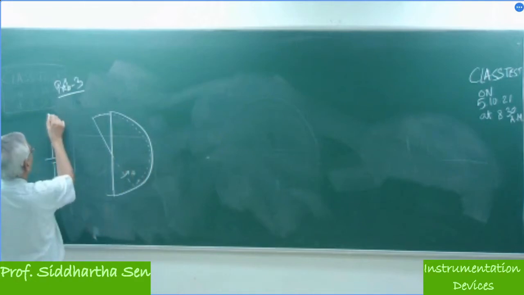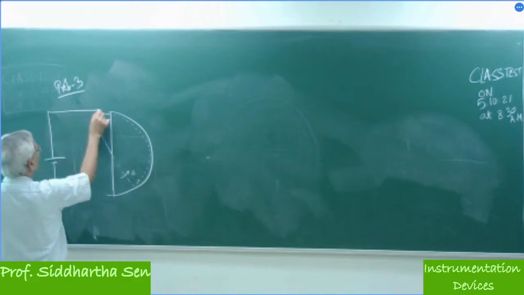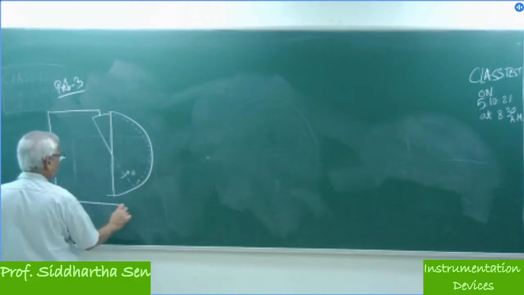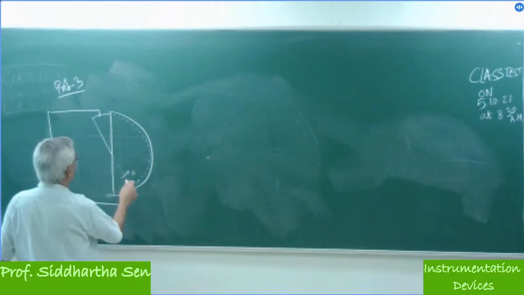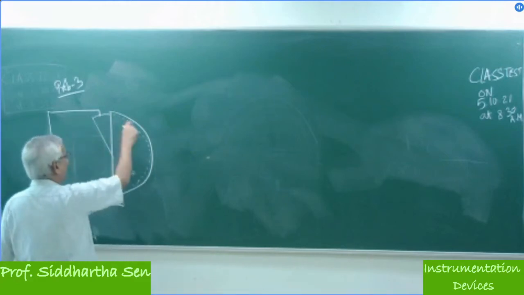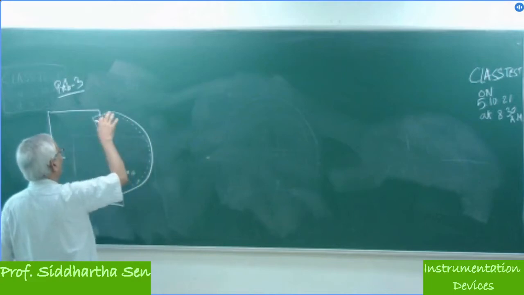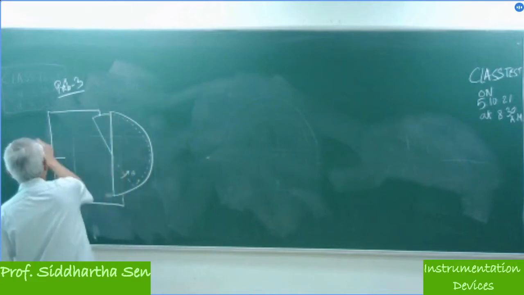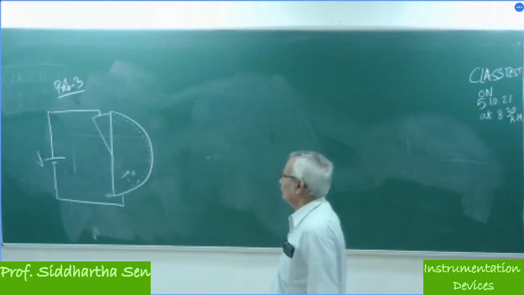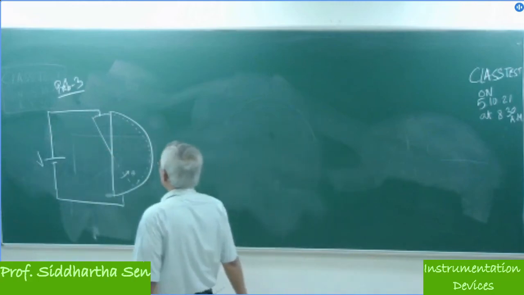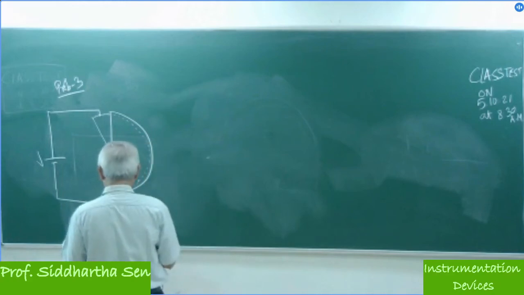So there were two parallel plates, semicircular type of capacitance. Basically the moving plate is above the fixed plate and it is rotating, and we apply a voltage V there.